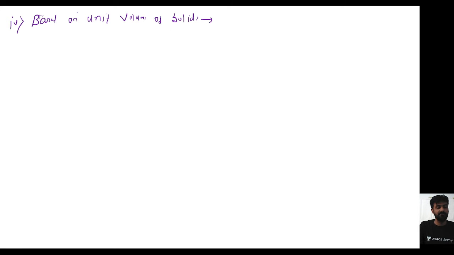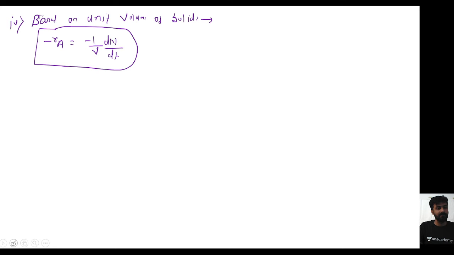So based on unit volume of solid, you can write minus Ra equals minus 1 upon V dN by dt, like this. All these rates of reaction become very important when we talk about the heterogeneous reaction part.